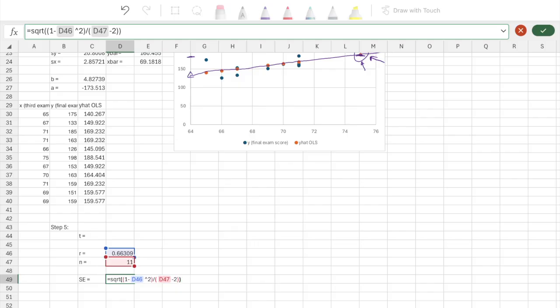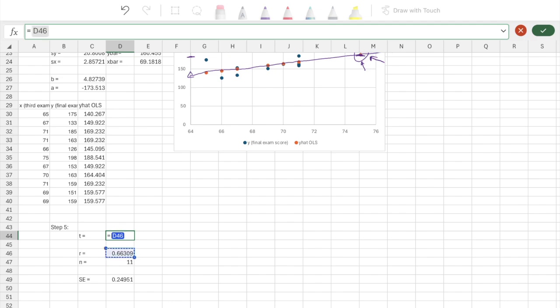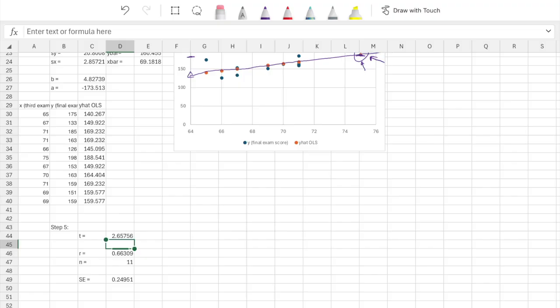Close the denominator, close the square root. That's my standard error. And so my t-value is going to equal r divided by my standard error. So 2.65 is my t-value.